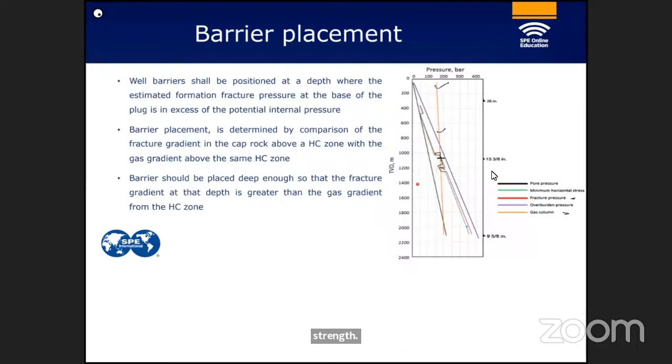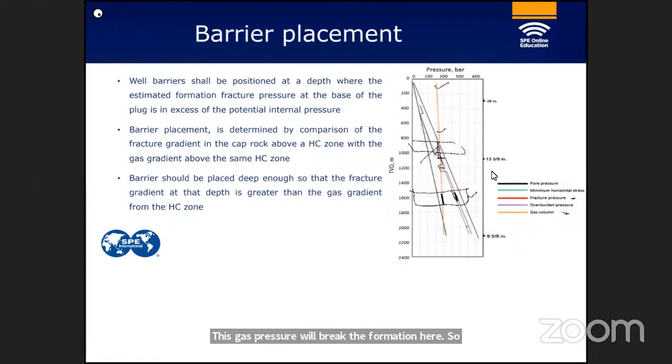The plug has to be as low as possible, at a location where the formation strength is higher, where this pressure is higher than the gas pressure. If I place this plug where the strength is lower, this gas pressure will break the formation here. So my plug cannot be shallow to have a barrier for this particular gas column. I hope it is clear.